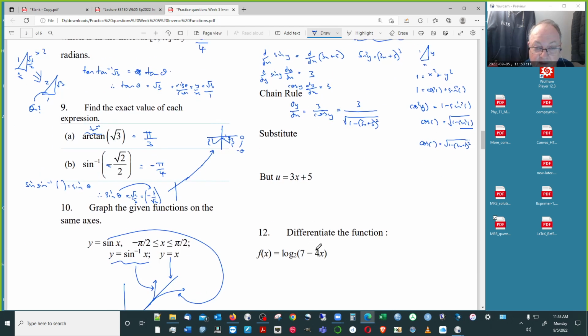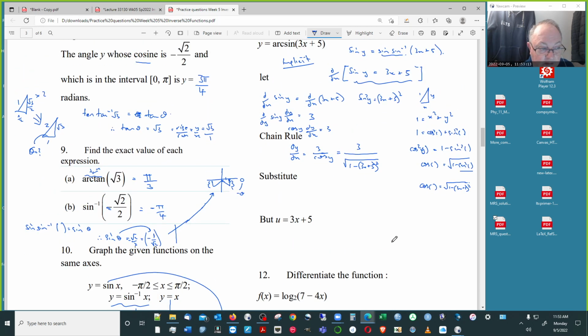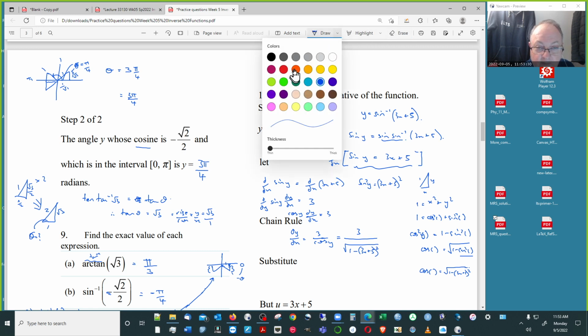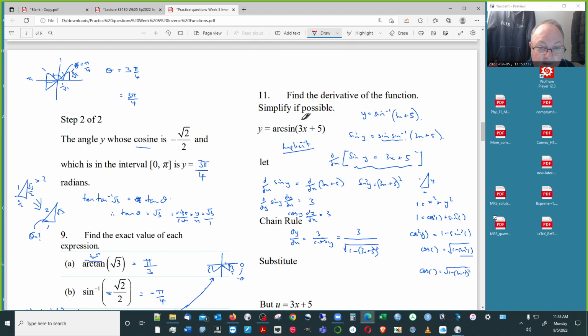Alright, so to help try and lay that bare, if I were to write u equals 3x plus 5, so now I'm doing a different method, then y would be sine to the minus 1 of u.